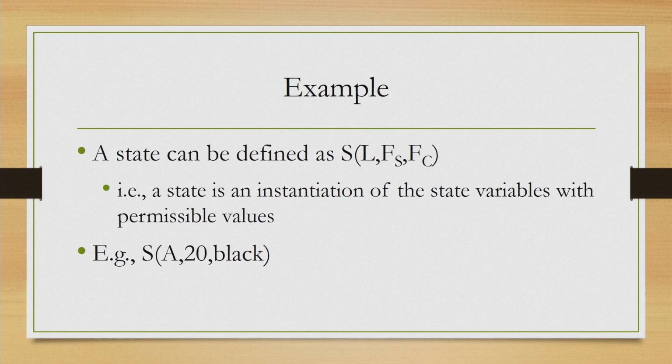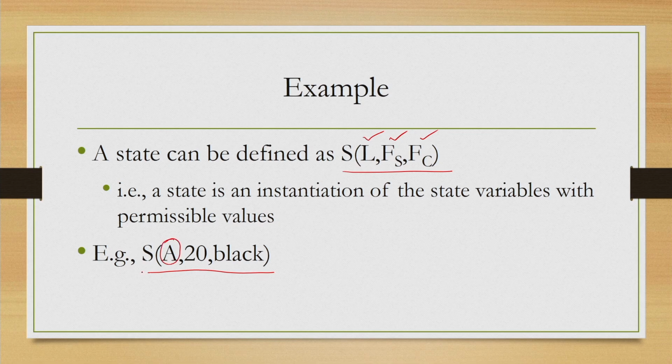So, then what does each state indicate? It is a 3 tuple in this form L, Fs and Fc. L is the character, Fs is the font size and Fc is the font color. When we instantiate these tuples with specific values, we get a particular state. For example, A, 20, black can be a state of the system.